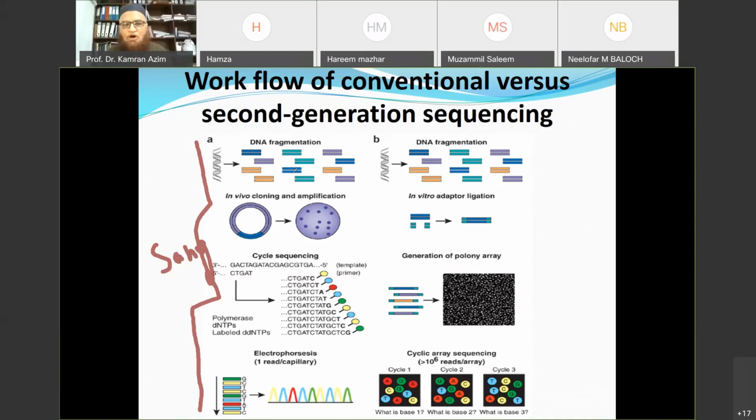In Sanger sequencing of genomes, we normally do the fragmentation first, and after that, the second step is cloning.